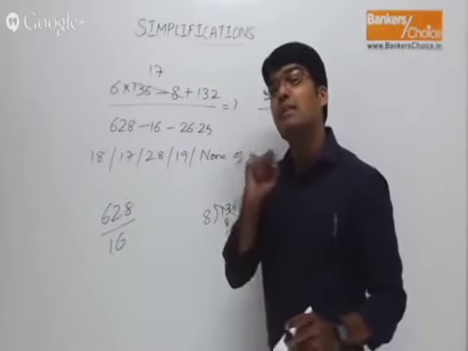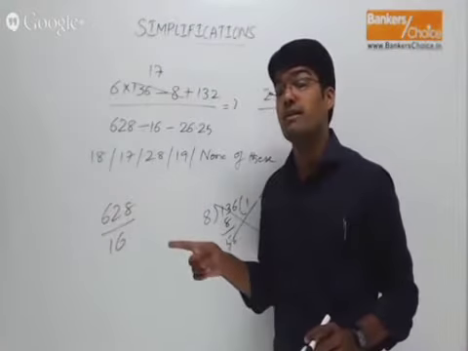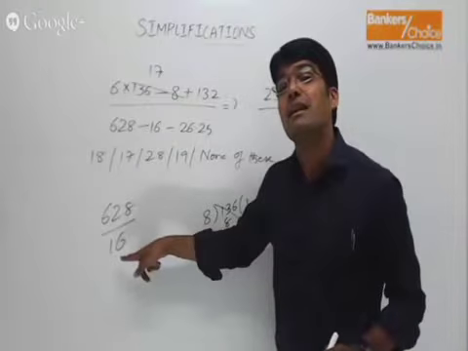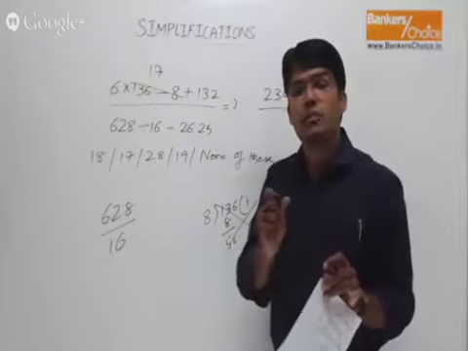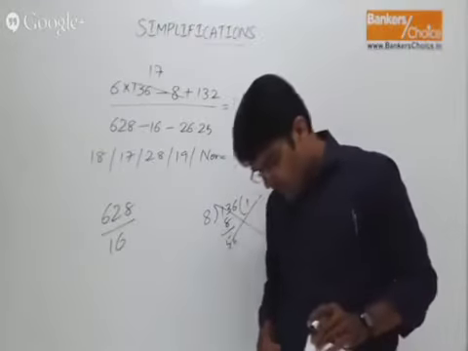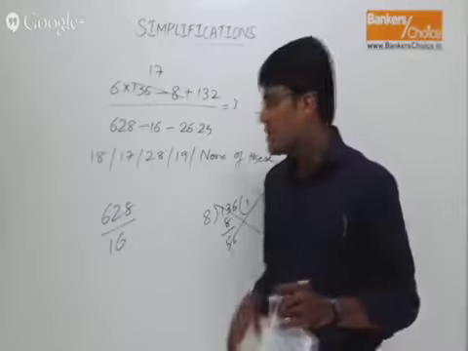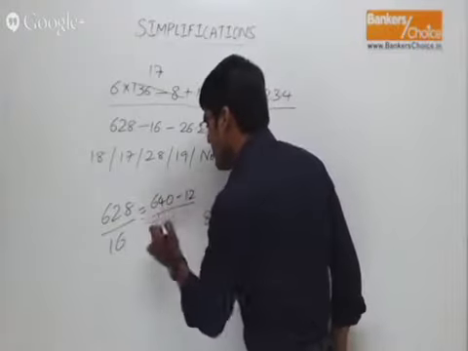Why are we taking it as 640 minus 12? Why can't I take it as 600 plus 28? Because 640 is a multiple of 16. 16 into 4 is 64. 16 into 40 will be 640. So the idea here is to break the numerator in a way that at least one part is a multiple of the denominator. So I'll take 628 as 640 minus 12 by 16.